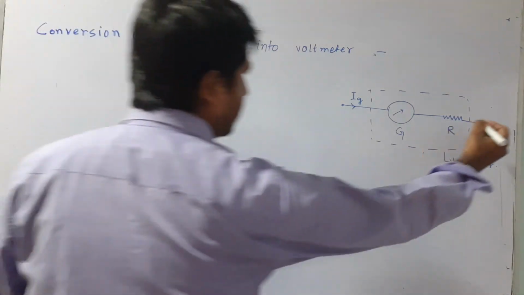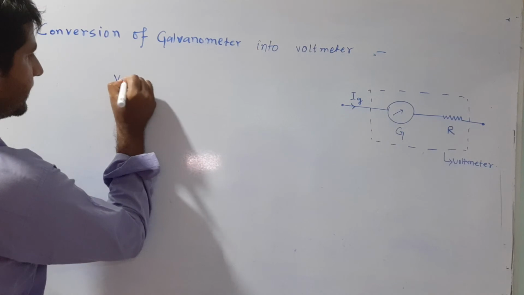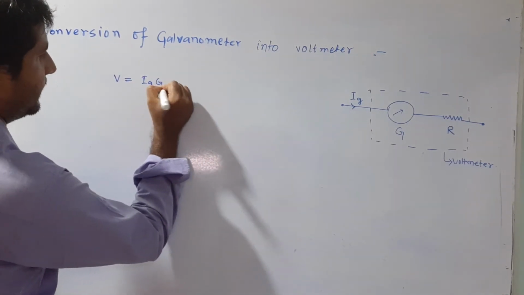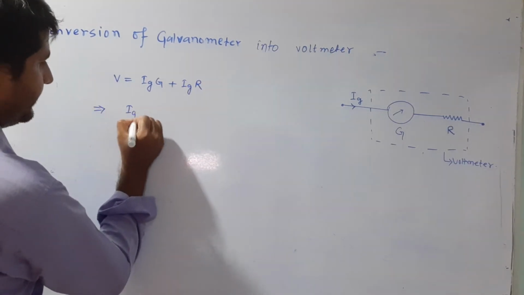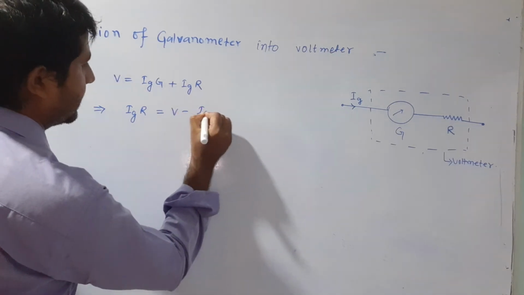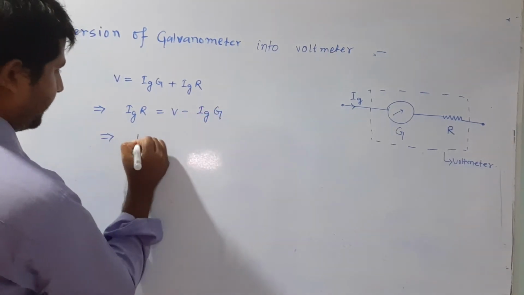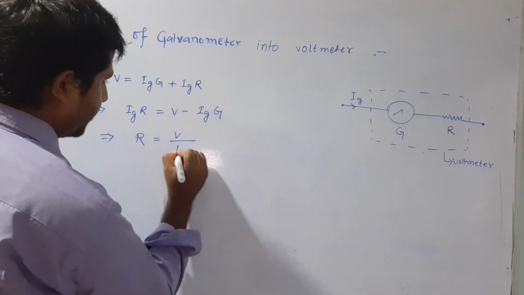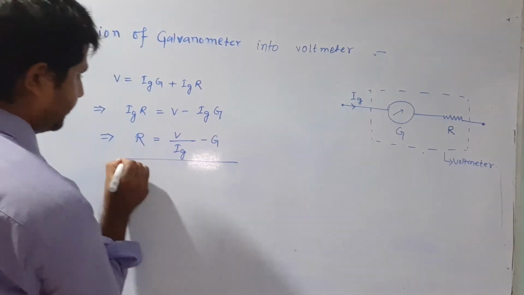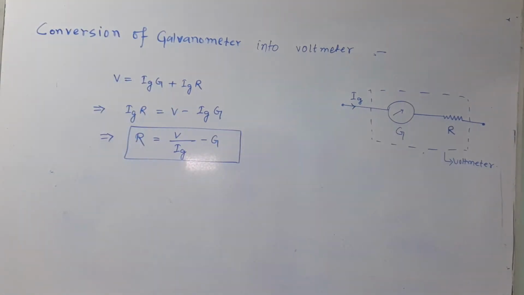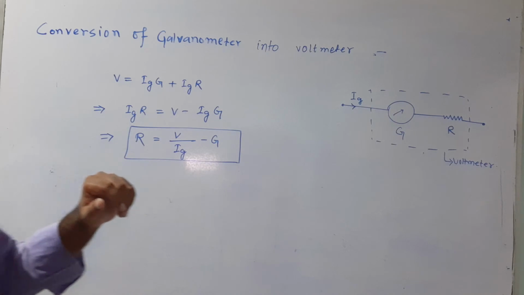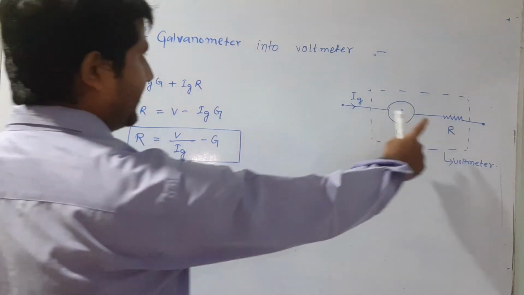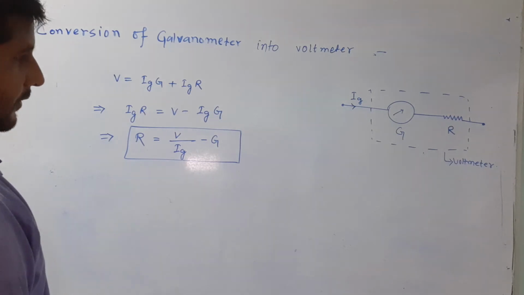So the potential difference across these two points is V equal to Ig into G plus Ig into R. So Ig into R equal to V minus Ig into G. Therefore R equals V by Ig minus G. So if you want to convert a galvanometer into a voltmeter, a high resistance should be attached in series with this galvanometer.